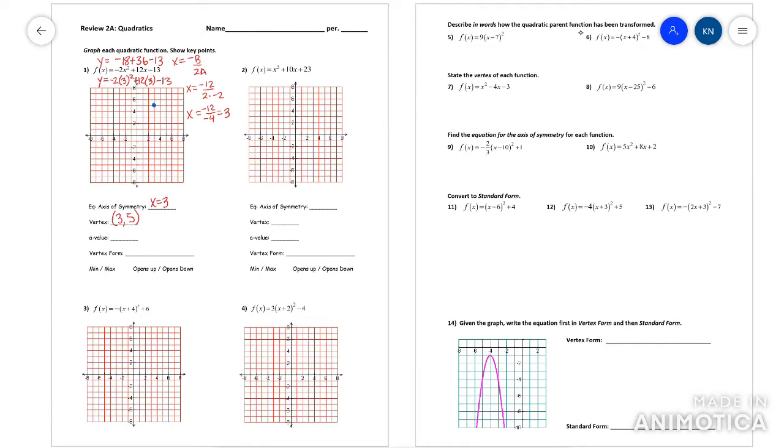And then if you want to be accurate about this, you need to do your xy table. But you can't really do your xy table until you know the vertex form of this equation. So you use these numbers, the vertex, to write your equation, y equals. Your a value is right here from the very beginning, negative 2.